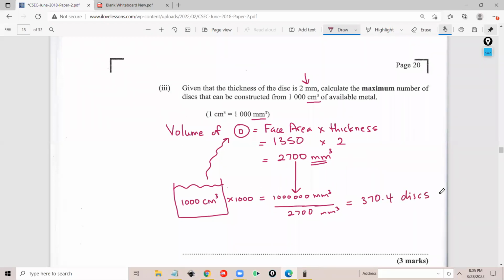Now, the question is unclear, right? To me, obviously you're not going to sell anybody 0.4 of a disc. If somebody is coming to buy a disc, they want a whole disc, right? So I think the maximum amount of full discs you can make, I will go with 370. That would be my final answer.